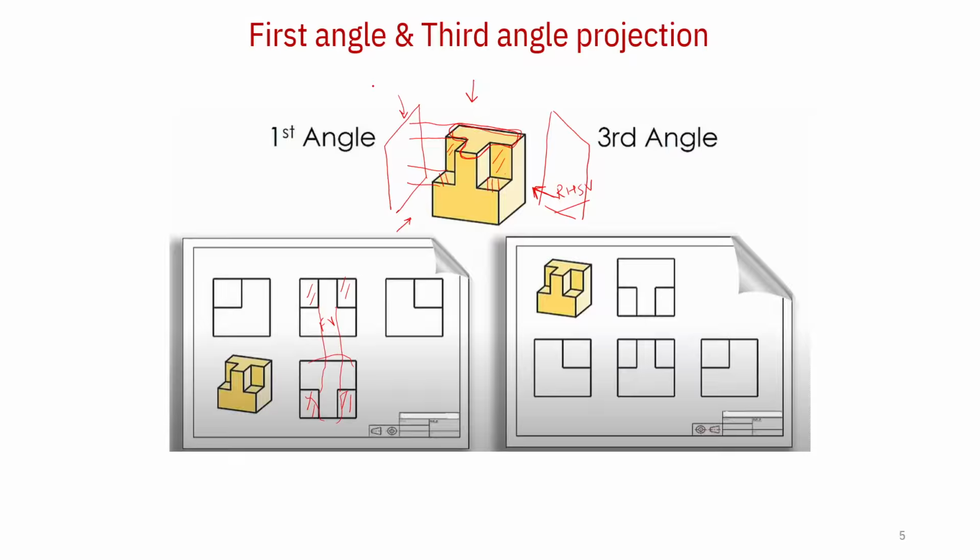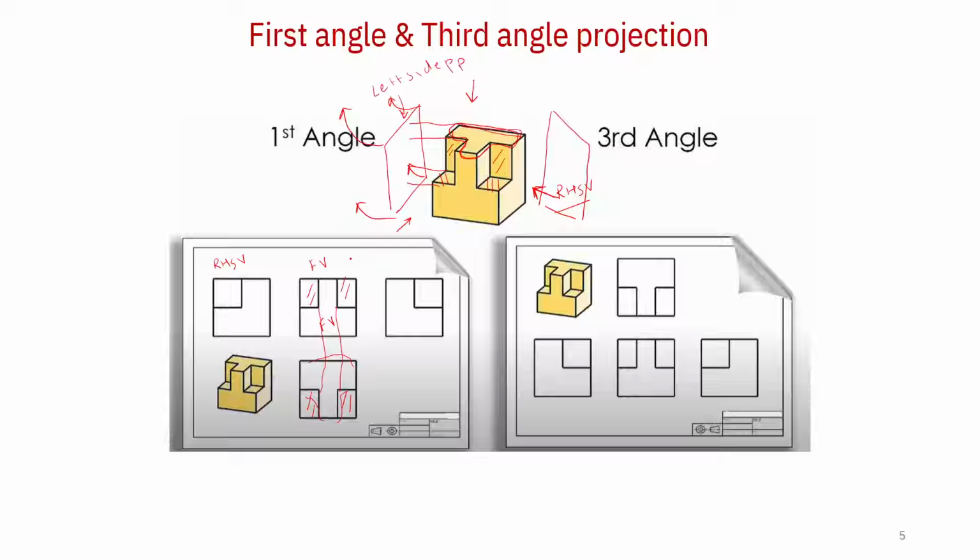To match or to draw it on a piece of paper correctly, we need to rotate this by 90 degrees like this. So after the rotation, we see that the right hand side view will appear on the left of the front view.